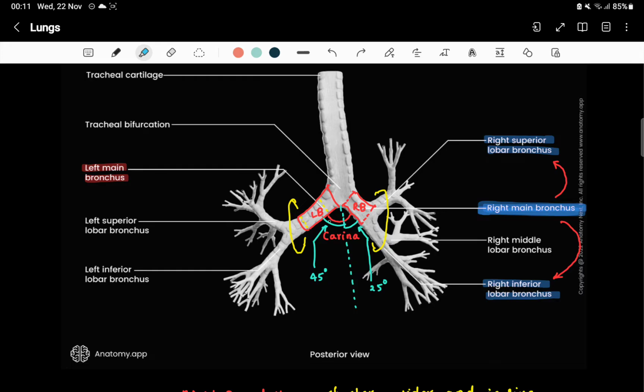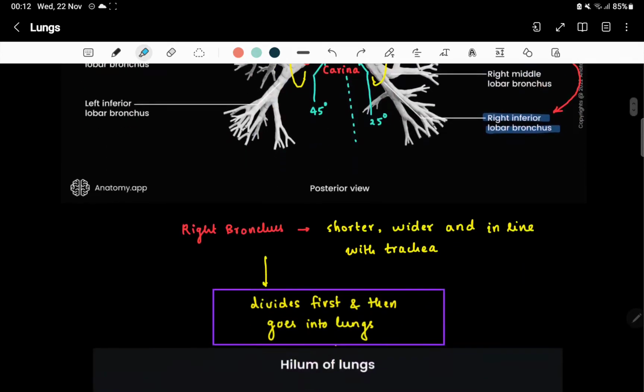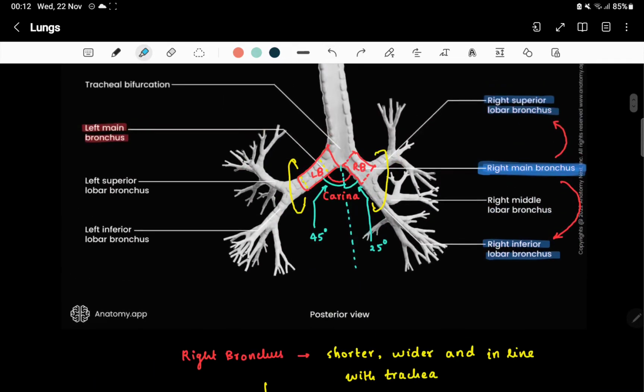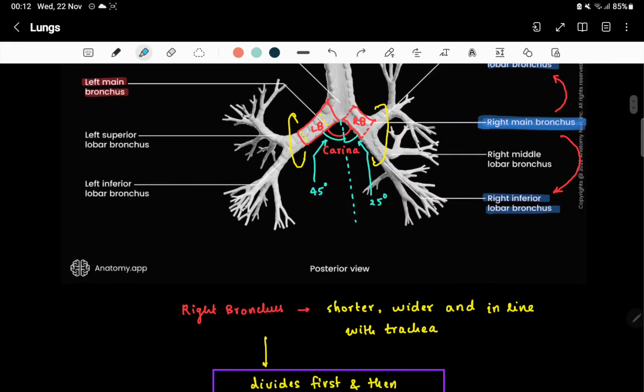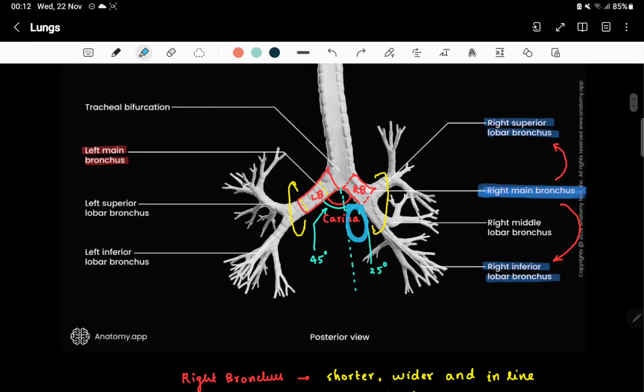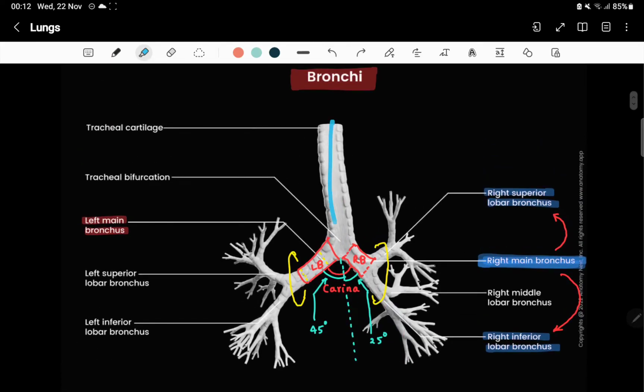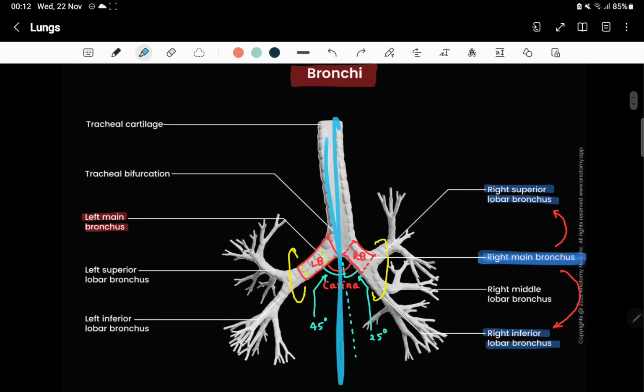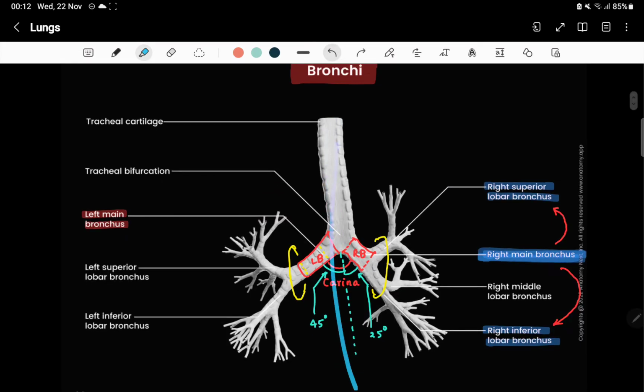The left bronchus makes an angle of 45 degrees with the trachea, and the right makes a 25 degree angle. The right bronchus is shorter, wider, and in line with the trachea, making a little less angle. If you draw a line here, the one nearer to being in line with the trachea is the right bronchus.